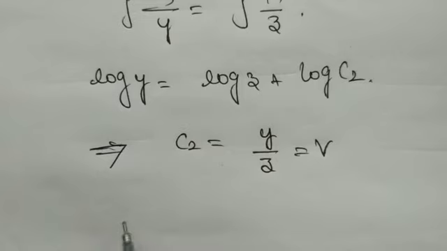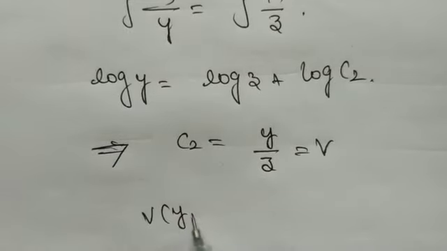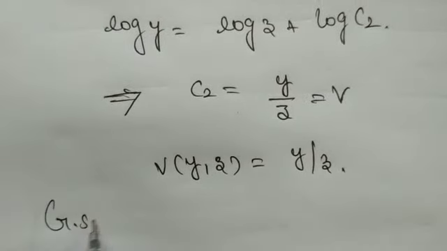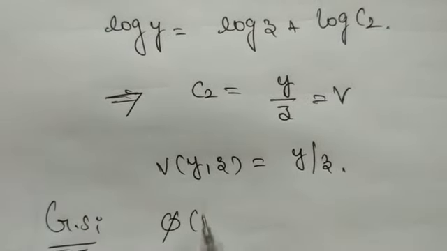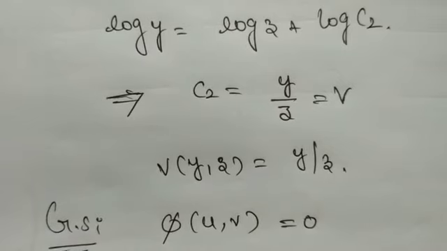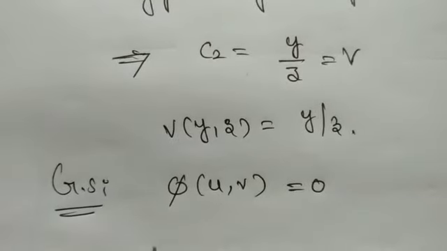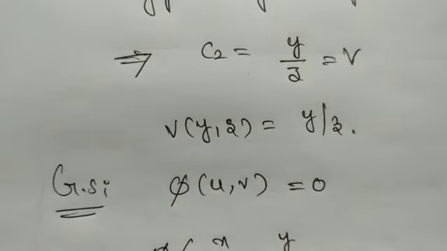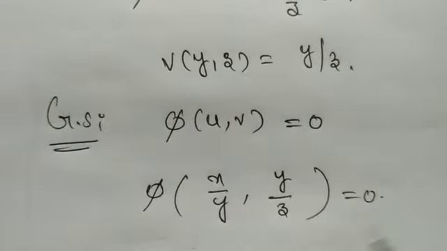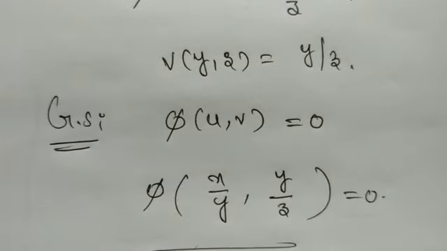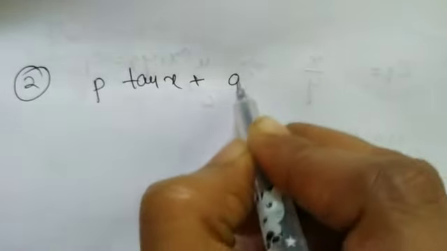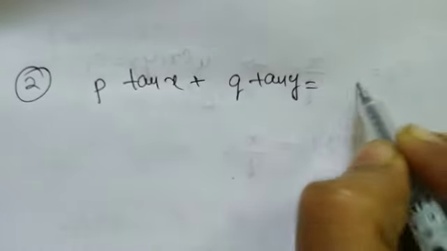So v of y comma z equal to y by z. The general solution of Lagrange's equation is phi of u comma v equal to 0. Therefore phi of x by y comma y by z equal to 0. This is the solution of Lagrange's equation. Next problem, P tan x plus Q tan y equal to tan z.